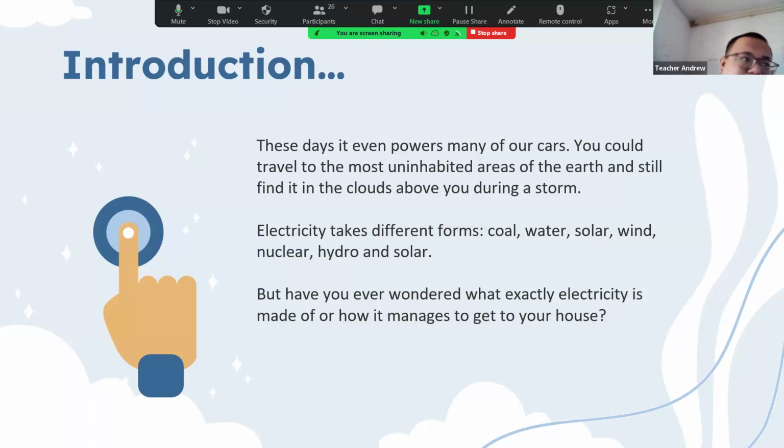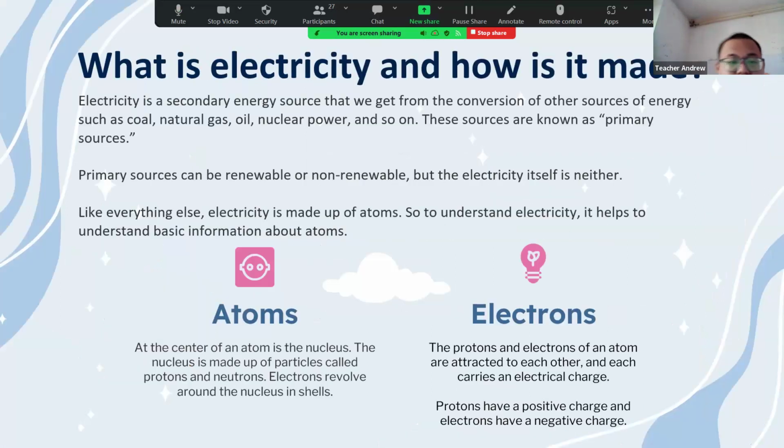But have you ever wondered how this electricity comes to our house? It is actually a secondary energy source that we get from the conversion of other sources of energy such as coal, gas, oil, and nuclear power.